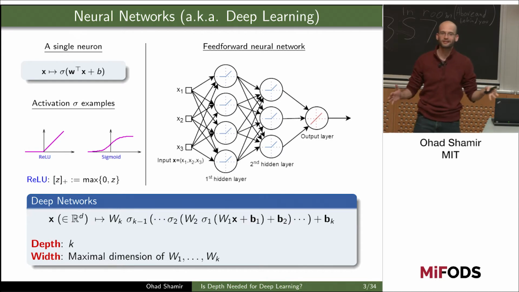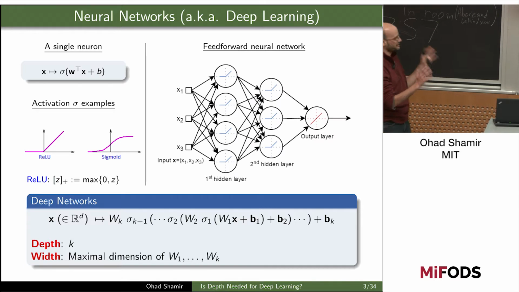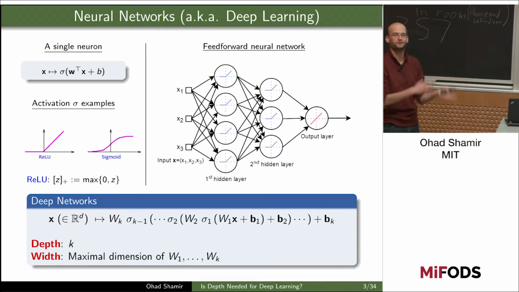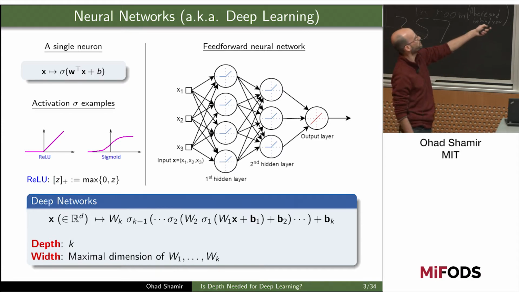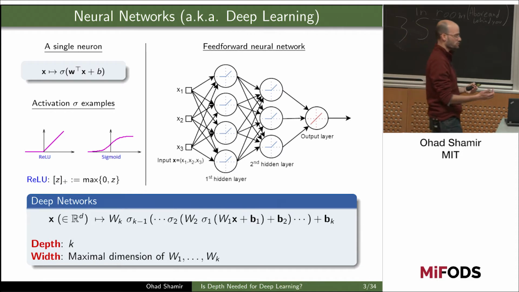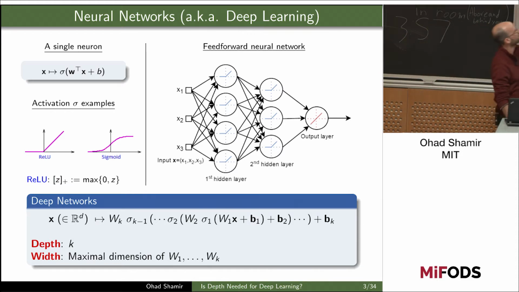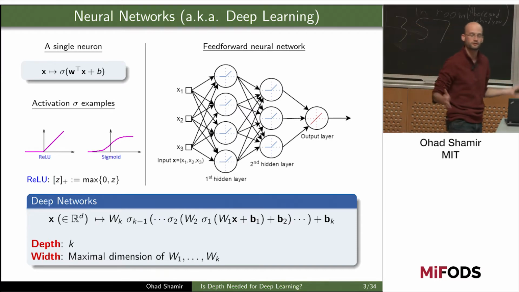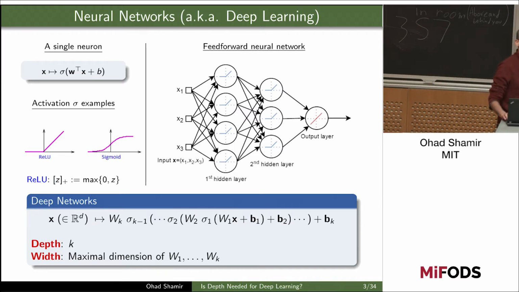Basically, learning neural networks is given a collection of examples of inputs and desired outputs. What people do is to take a network of this form and tweak the parameters, these matrices W and these vectors B, trying to make this thing predict well on the data, using some local search, usually a variant of gradient descent.